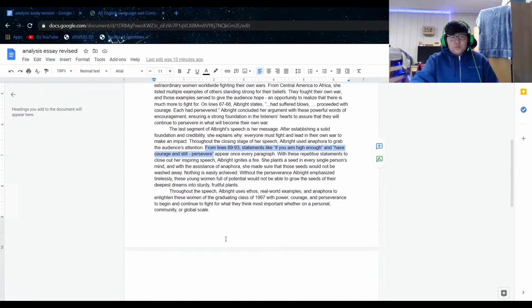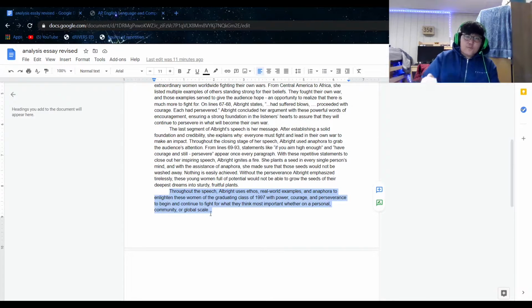Moving on to the conclusion, it was just one simple sentence, but it referred back to the thesis, as it said, uses ethos, real world examples, and anaphora to enlighten these women of the graduating class of 1997 with power, courage, and perseverance to begin and continue to fight what they think most important, whether on a personal, community, or global scale.